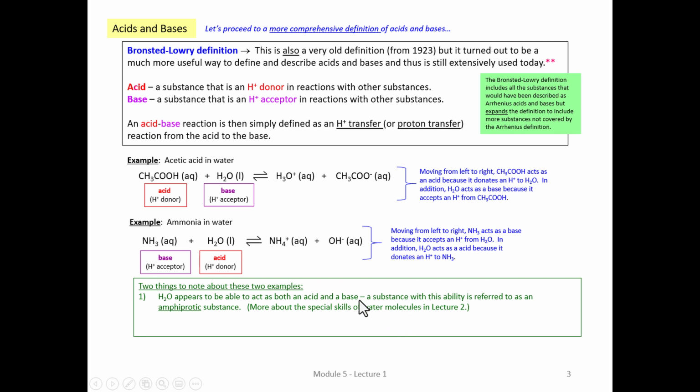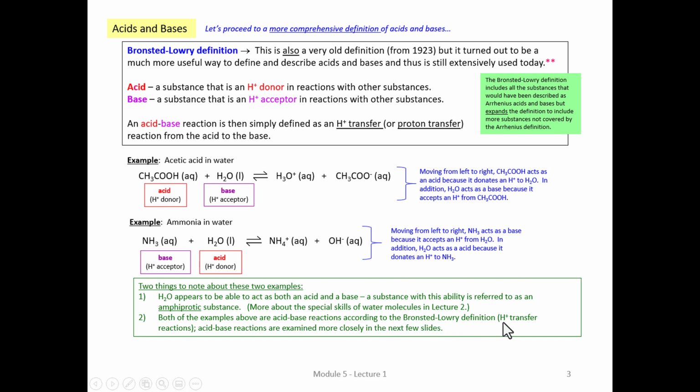Now, a substance that can act as either an acid or a base, depending on the circumstance, is referred to as an amphiprotic substance. And we'll get into more about the special skills of water molecules in Lecture 2. And both of the examples here, just to repeat ourselves, are acid-base reactions according to the Bronsted-Lowry definition.